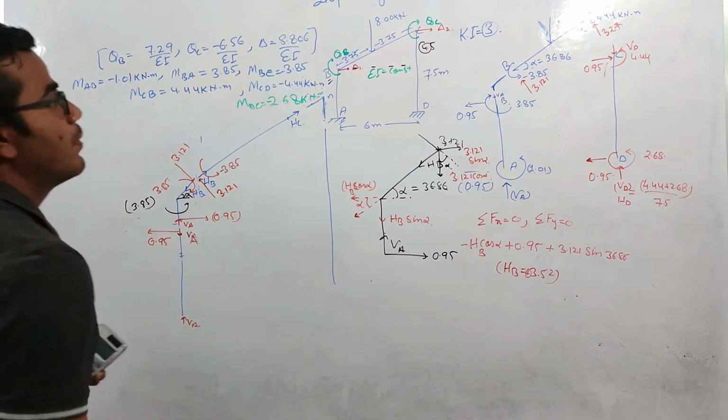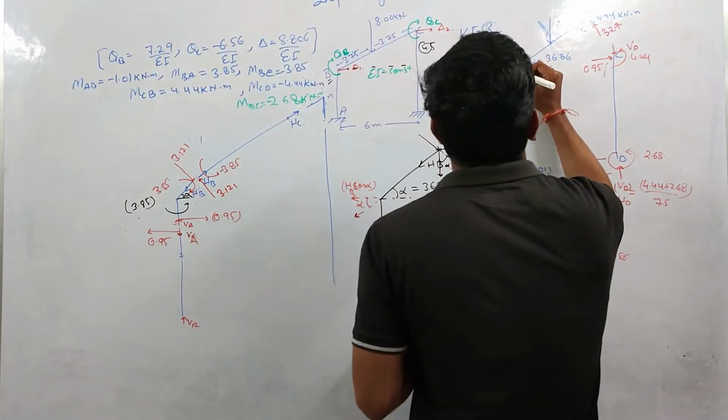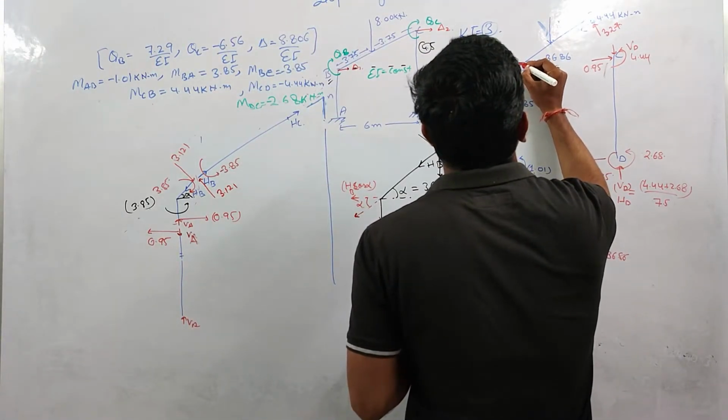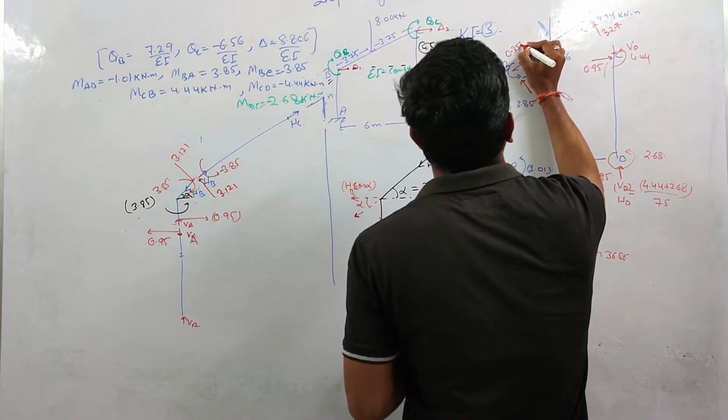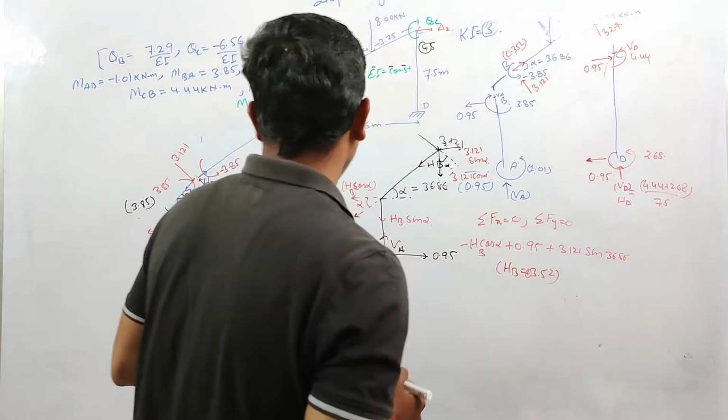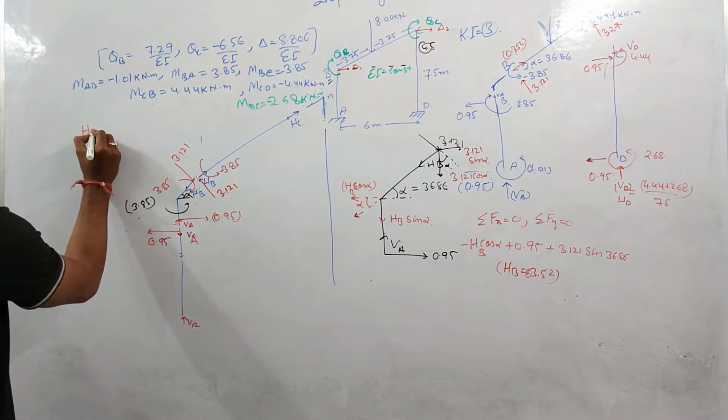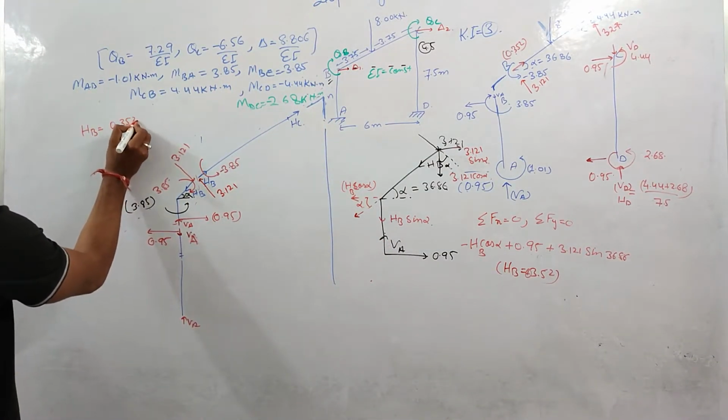So at this point B, there is a horizontal reaction equal to 3.52, right? So HB equals 3.52.